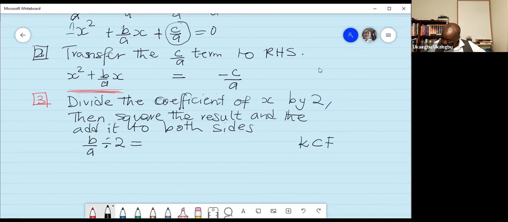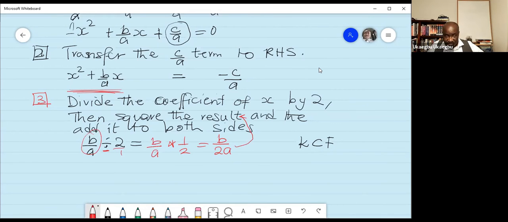So we keep b over a, we change this one to multiplication, and then we flip 2 over 1 to 1 over 2. Once we do that, we are going to have b over 2a. That's the result.